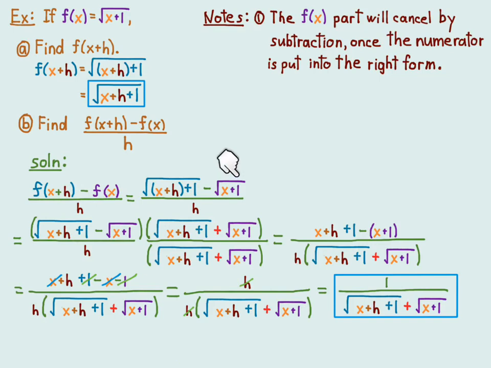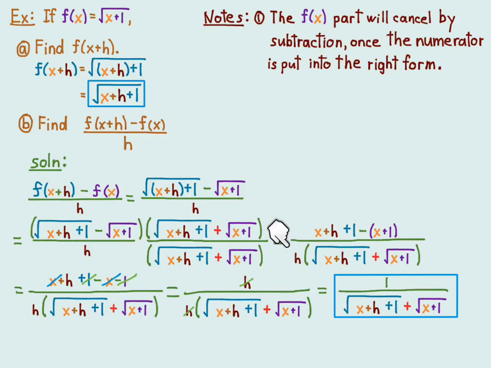This is f of x. So when you put this in the right form, all the stuff that's in here cancels with stuff from here. You see? The x cancels and the 1 cancels because of the minus.